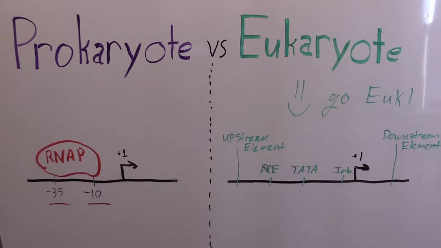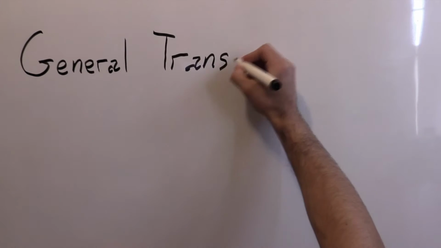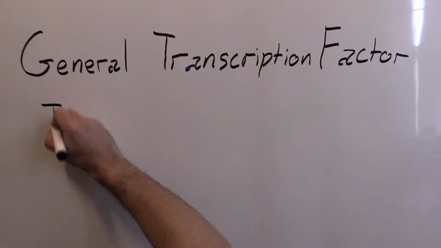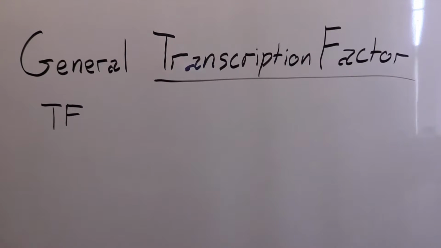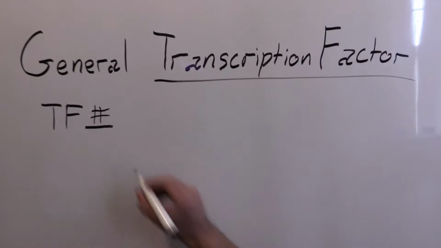These general transcription factors are going to recruit and orient RNA polymerase in the proper position so we can get correct gene transcription. Now, how we label these general transcription factors is TF for transcription factor, followed by a number. This number tells you which RNA polymerase, 1, 2, or 3, for example, that this general transcription factor is associated with, followed by a letter.